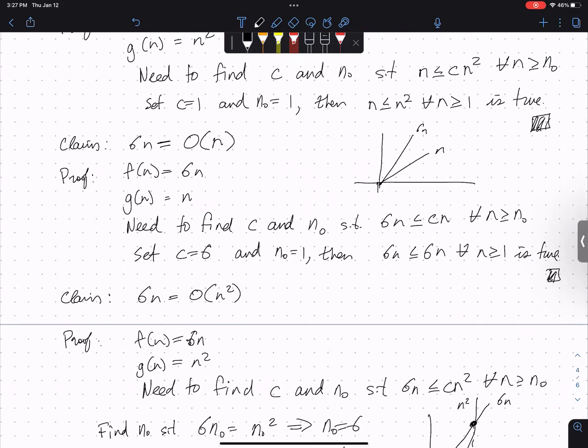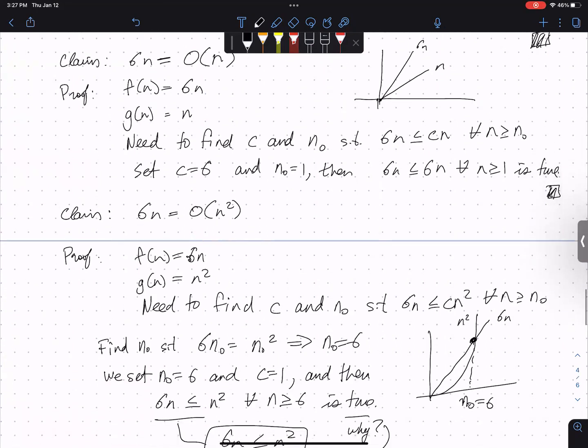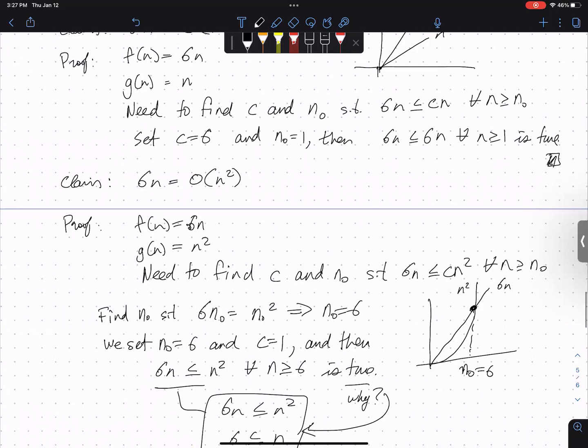Yeah, good. So the question is, is there an example where we need both C and n naught to be something non-trivial? Actually, not really. You can always use one or the other. I'll explain using this example.